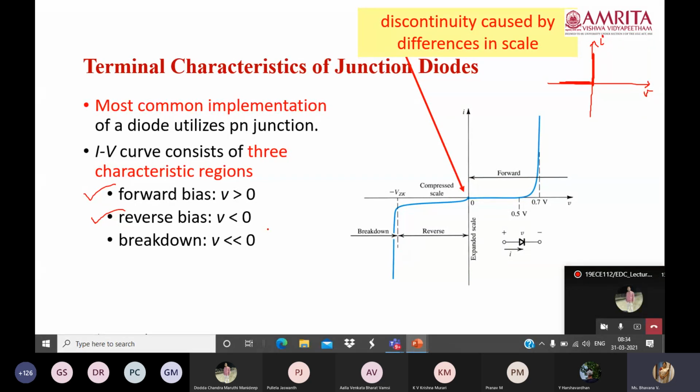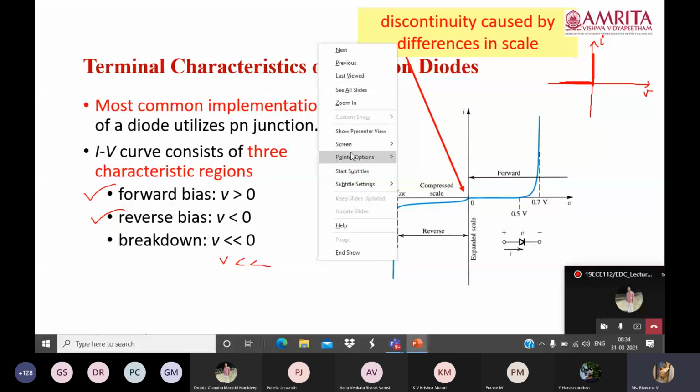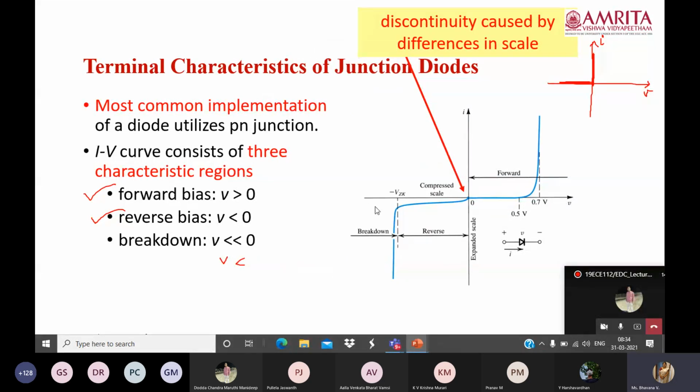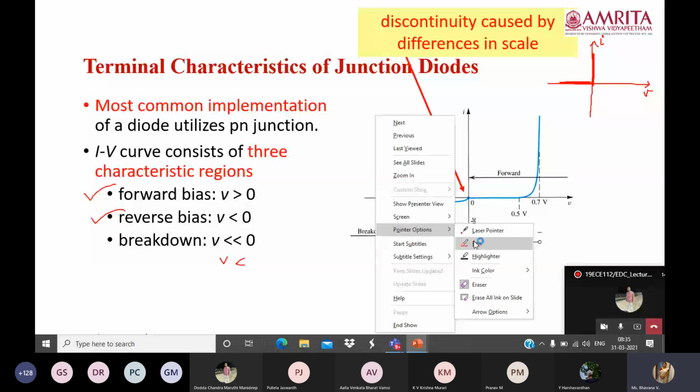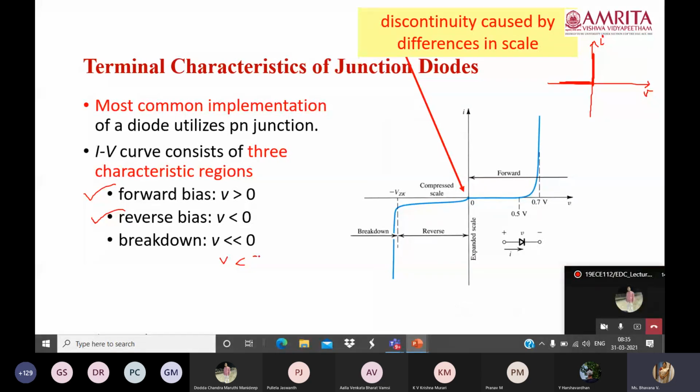And the breakdown region, where V is less than minus VZK, where VZK is the knee voltage or breakdown voltage.